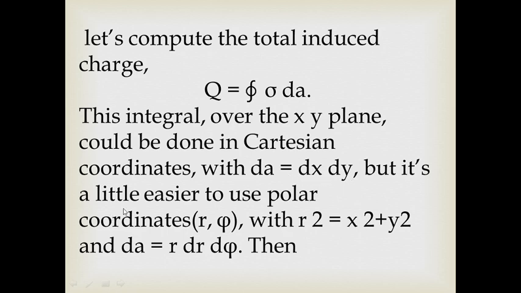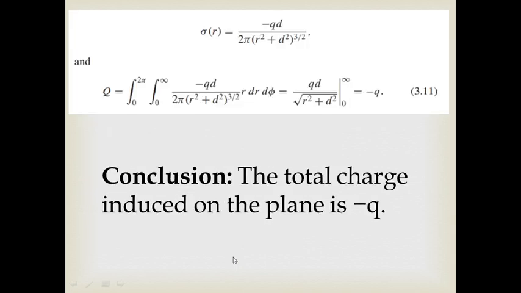But it is a little easier to use plane polar coordinates r, theta with r square equal to x square plus y square and dA equal to r dr d theta. Then our equation is converted like this: sigma, as a function of r in the xy plane, is equal to minus q d upon 2 pi (r square plus d square) raised to 3 by 2.